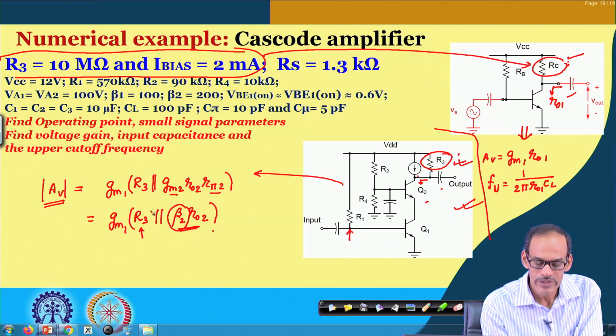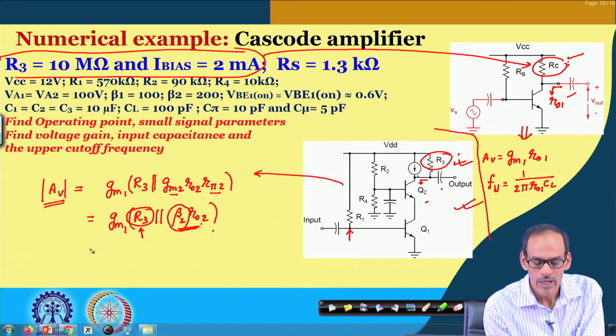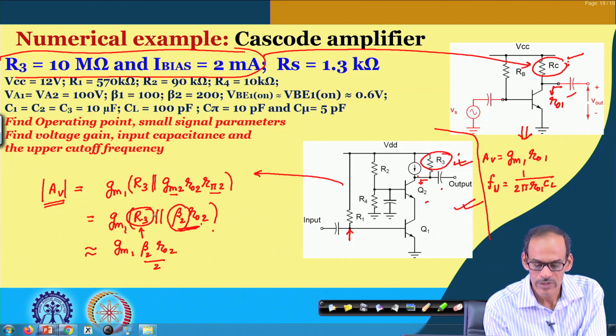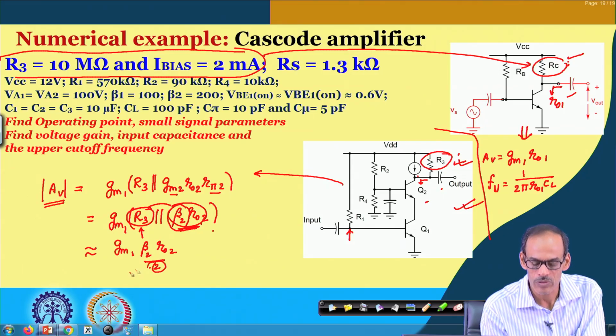In this numerical example we have considered that this resistance is in this order, and hence it is capable of generating a gain which is GM1 multiplied by beta 2 RO2 by 2. Assuming that these two are equal, that is why you have the factor of 2.